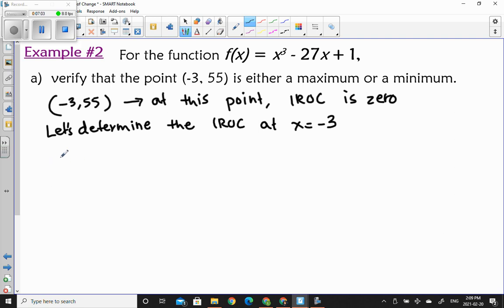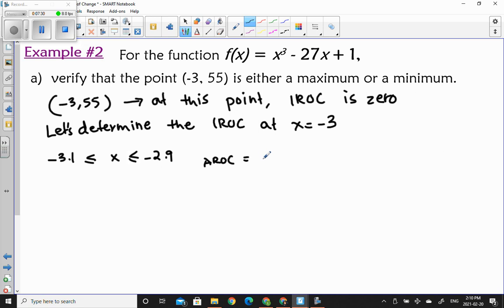So let's take a value just before -3 and a value just after -3, and then get closer and closer to it in every succeeding interval that we take. So let's start with -3.1, which is to the left of -3, and -2.9, just to the right of -3, and find the IROC values there.